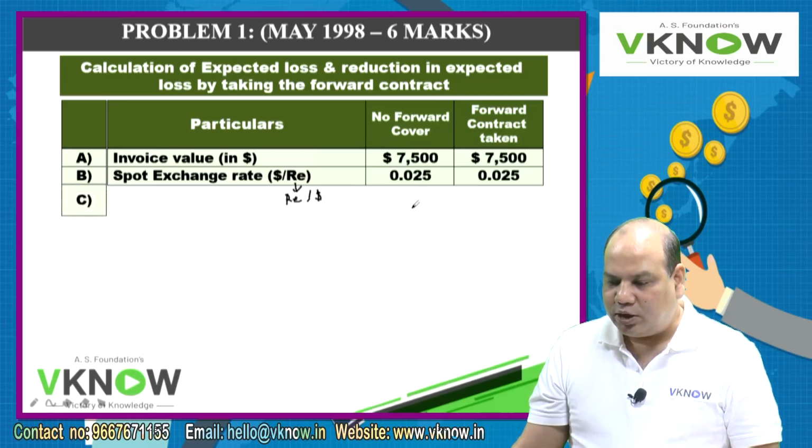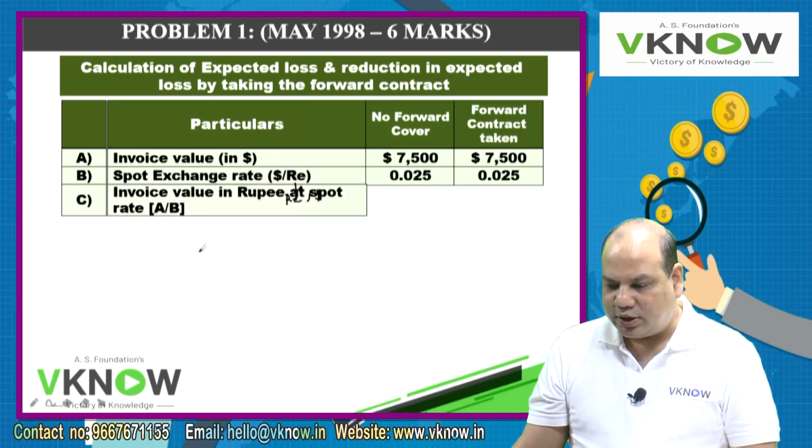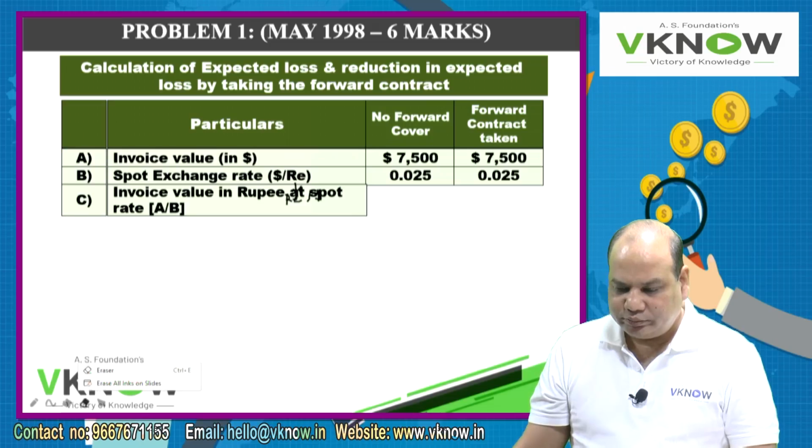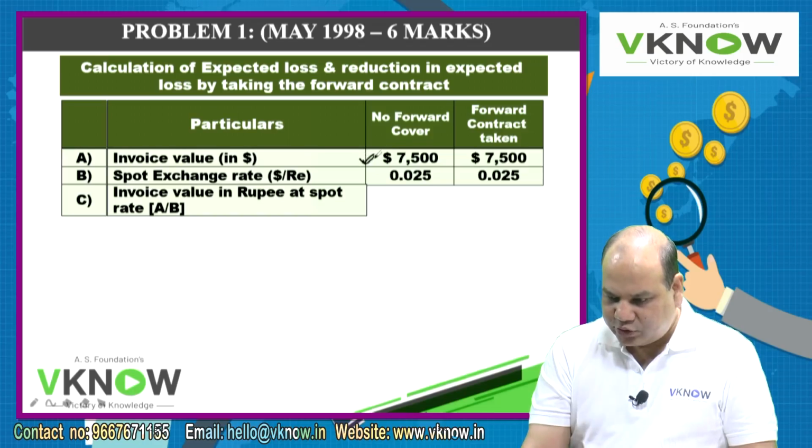But for the timing, let us write like that, and I will show you your answer will not change if calculations are done properly. Point number C, invoice value in rupee at spot rate. This is what you would have paid. You are an Indian importer. You have to pay $7,500. The rate is dollar per rupee, so you divide.